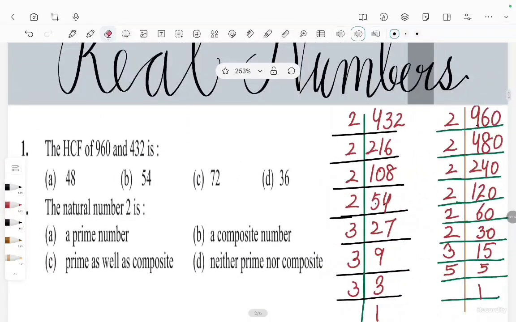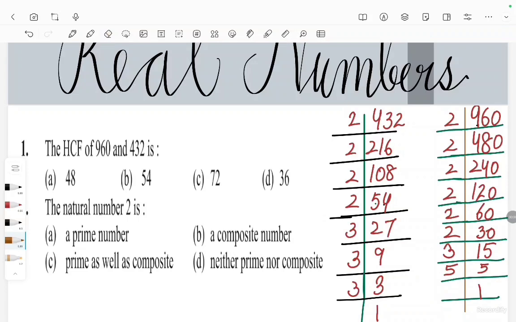First question, the HCF of 960 and 432 is. Firstly, we will do the prime factorization of 432 and 960, and after that we will pick up the common factors and we will be able to find the HCF.